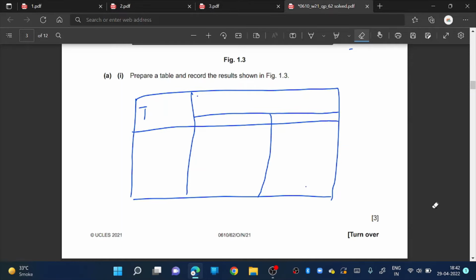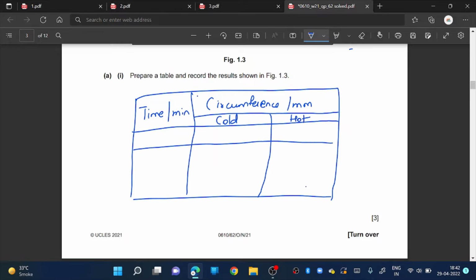So I am going to take the time on the left side, considering it as the independent variable, calculated in minutes. The dependent variable which we measured with the string was the circumference, which was measured in millimeters. The two conditions which were considered were cold and hot. We were looking at the time difference now.